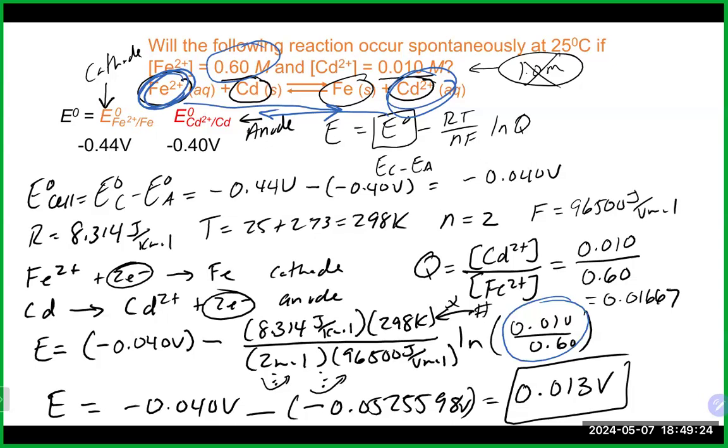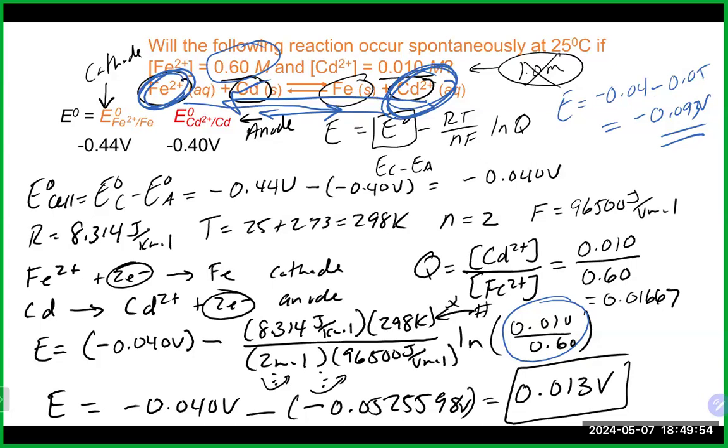On the back end, if you flipped it, that's minus 0.04 minus 0.05, and that would get you a cell voltage of minus 0.093 volts, which obviously would not be spontaneous, for the reason I just explained. Now this one's higher, so the electron flow wants to head in the opposite direction. Any questions on that there?